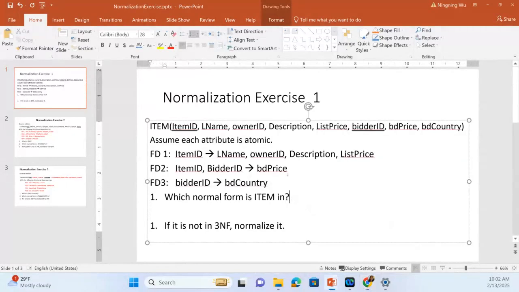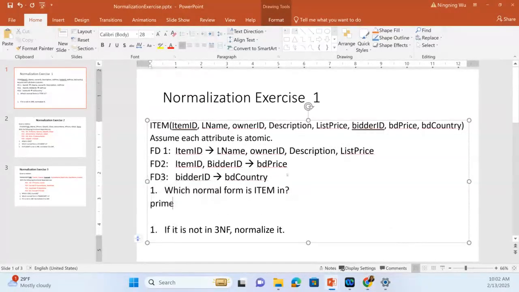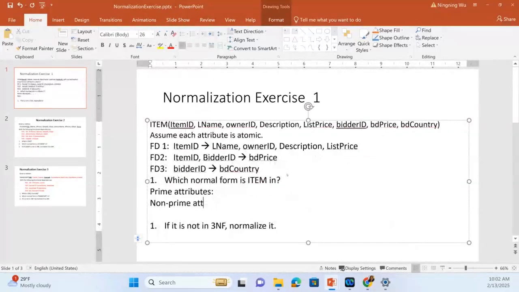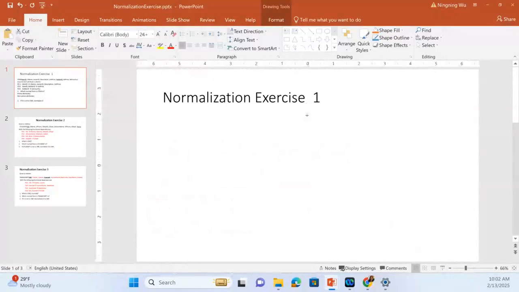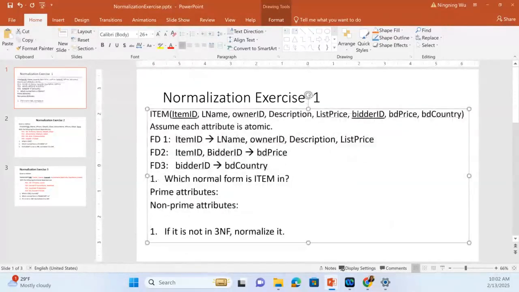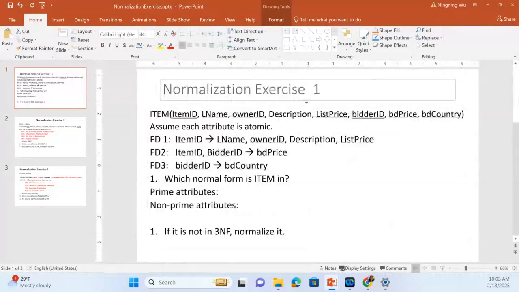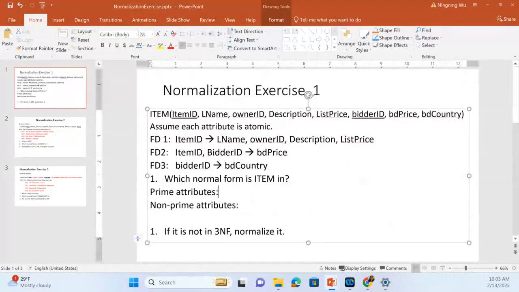So maybe we first have to identify the prime attributes and non-prime attributes. We need to list all of them. The prime attributes are basically attributes that appear in at least one key. Here we only have a composite primary key, so the attributes that make up this composite primary key should be the prime attributes.